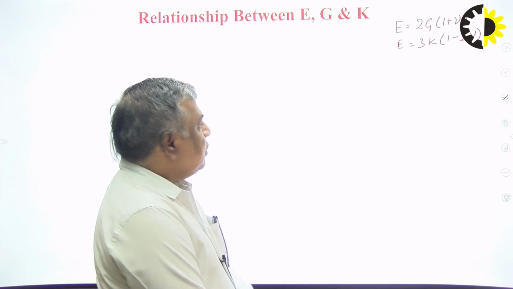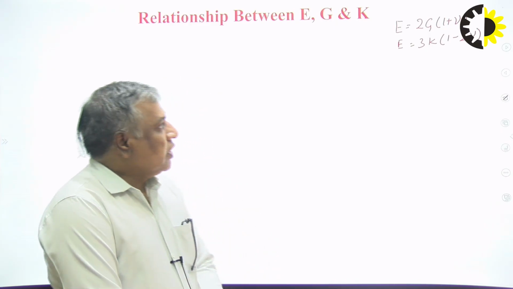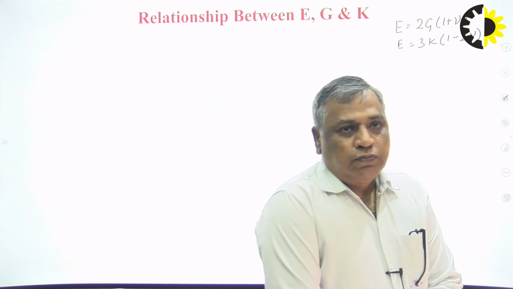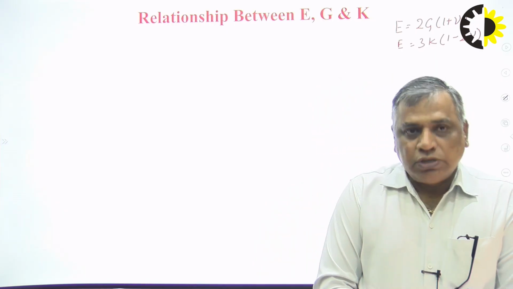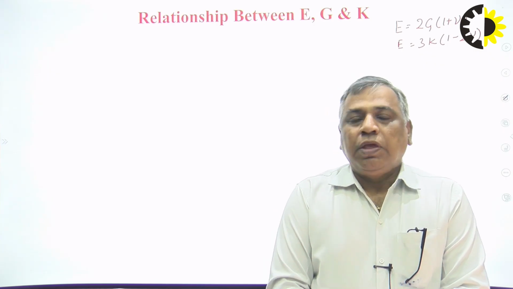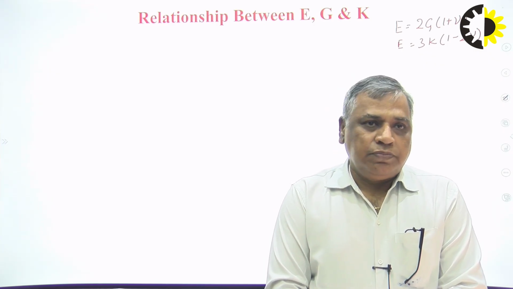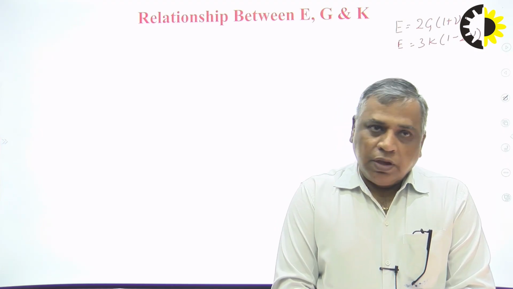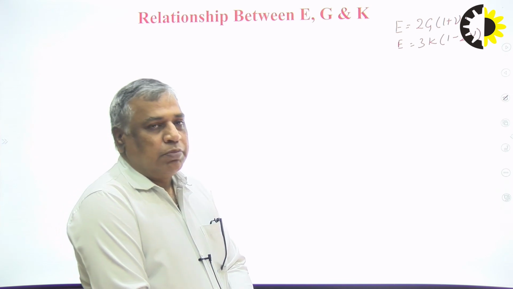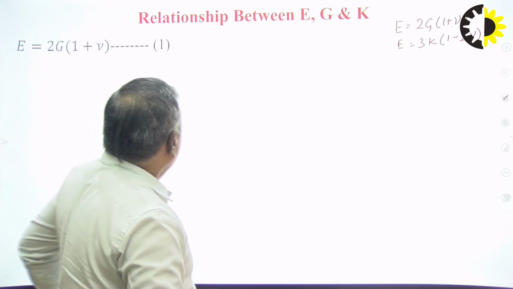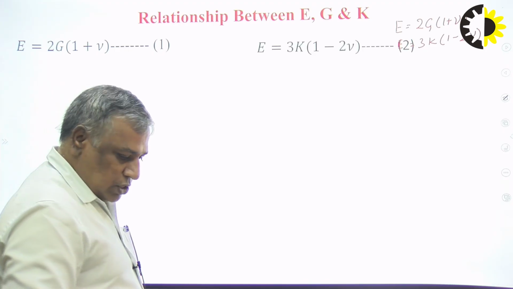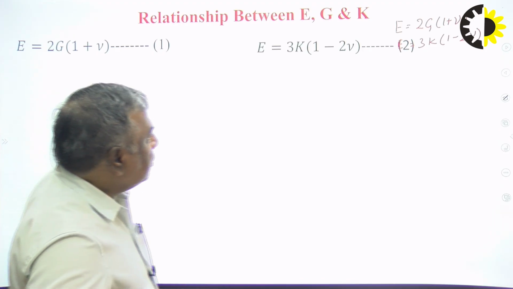For the derivation, we will find the value of ν from each of these two relations. Poisson ratio is an elastic constant for a particular material, so it must be the same for the same material. Then we will equate the values of ν and we will get the desired relationship between E, G and K. These are the two relations I have already written there.